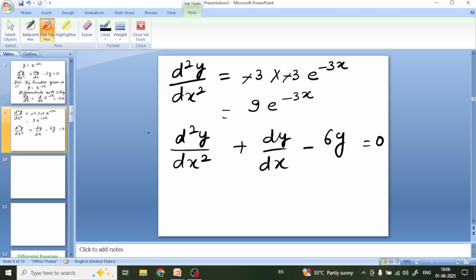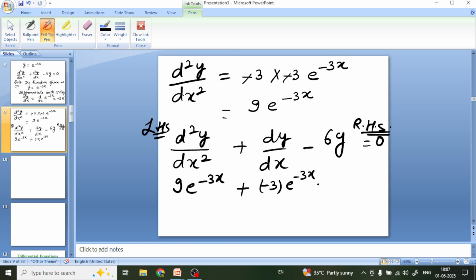We have to prove this equation. This is your left hand side and this is your right hand side. d square y over dx square is 9e raised to power minus 3x, and dy over dx is minus 3e raised to power minus 3x, minus 6, and y is e raised to power minus 3x.